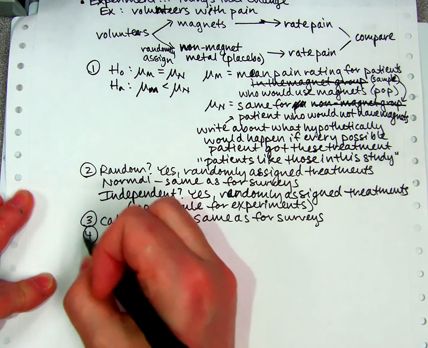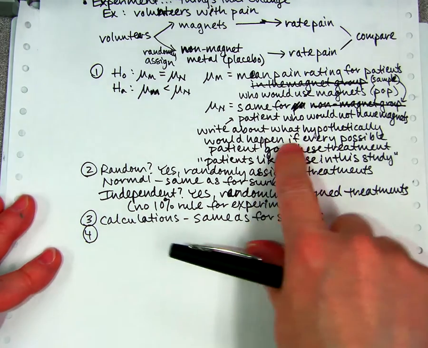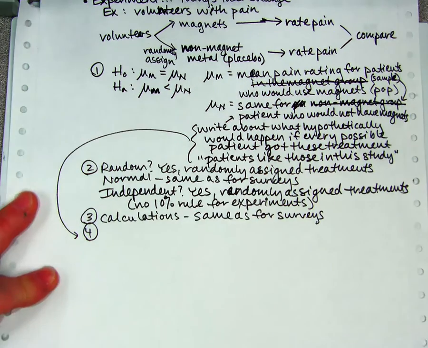Step 4, the conclusion would be, again, we have to think about this hypothetical thing. So this piece also applies to the conclusion.